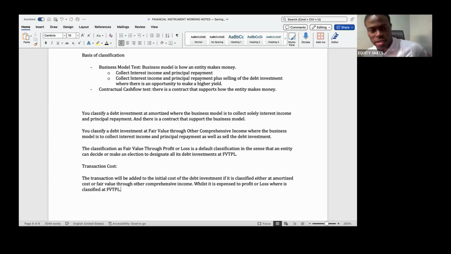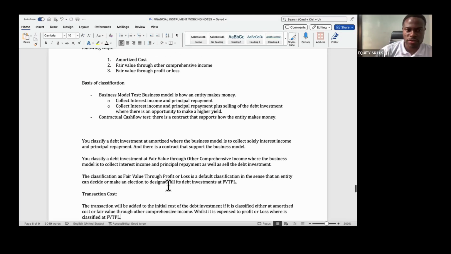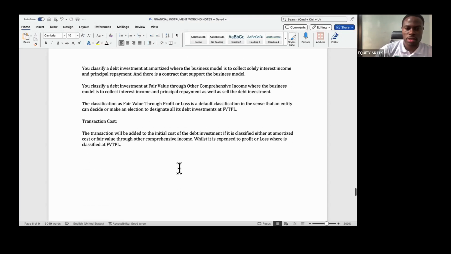So this is the treatment of transaction costs.